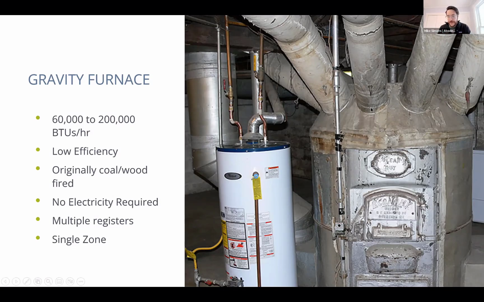Off of the top of this appliance would be ductwork, and all of the ductwork could be coming directly off of the furnace, or maybe they're doing what's called a plenum, a trunk, and then doing all of the ductwork off of the trunk. But this whole thing was working without any electricity.